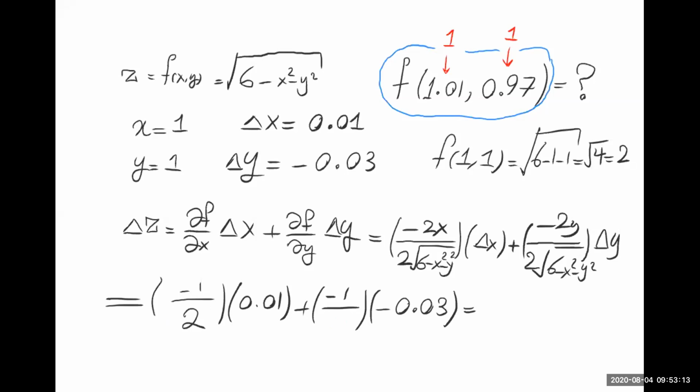So here I have minus 0.005 plus 0.0015. So this is the total I have, and then the result would be minus 0.0045. Hopefully it is correct. That would be the change of value.